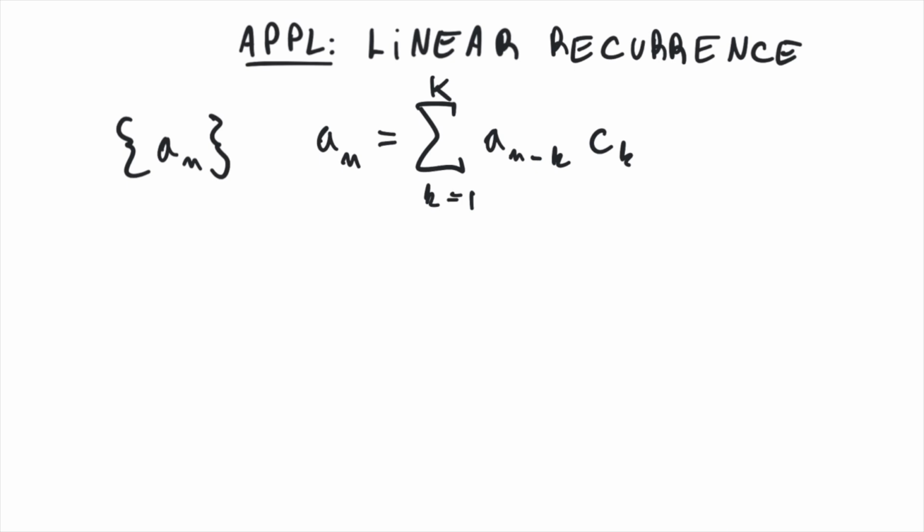So the order of the recurrence is this large K. In matrix notation, we can say an is a vector. A vector is just a matrix with one column, and this vector is defined as the product of some matrix, the recurrence matrix, times the vector at the previous index.